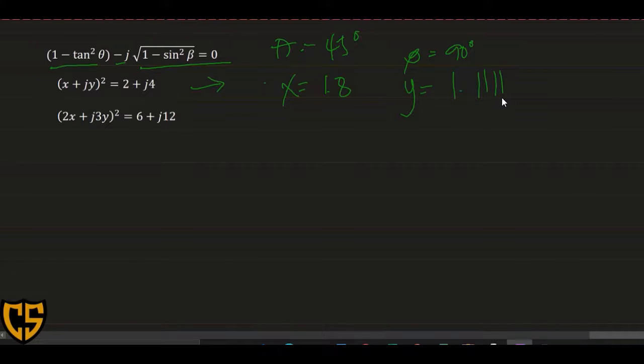So we are in the third example na our equation is 2x plus j 3y squared is equals to 6 plus j12. So parehas lang siya po ng atong process nga gamiton for singhimo naton sa second nga equation. So same nga process we have. So first we are going to simplify this.